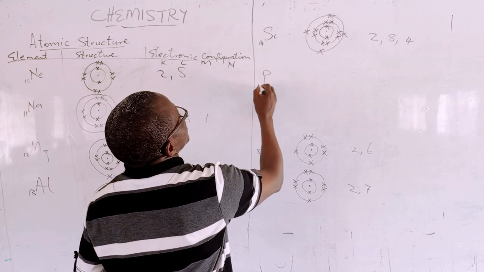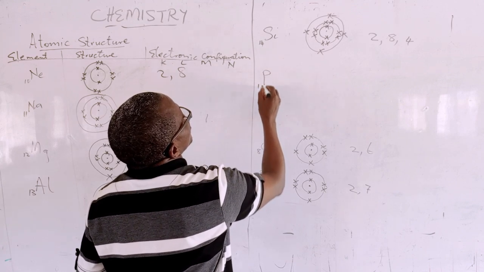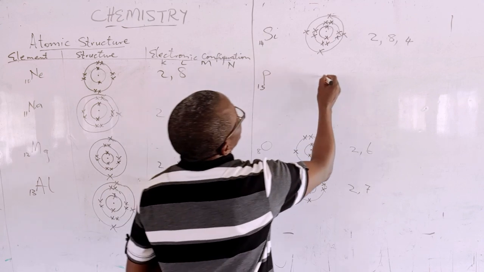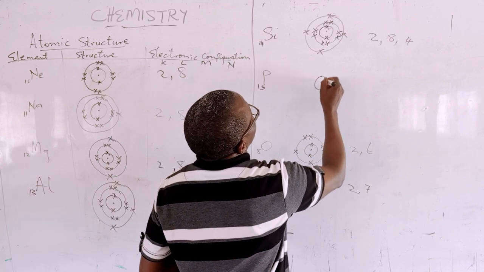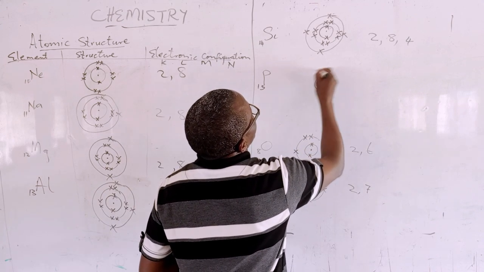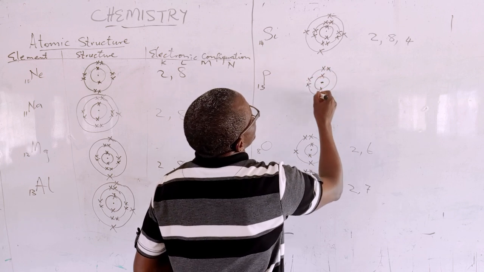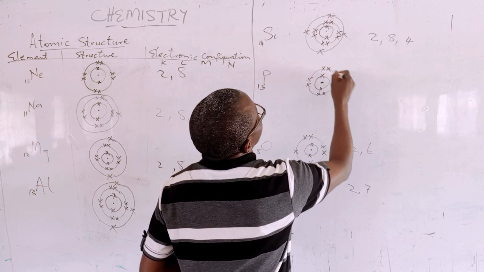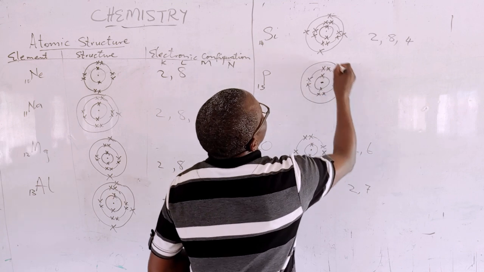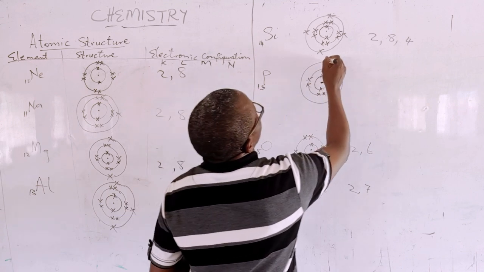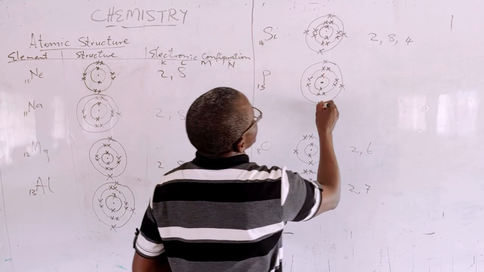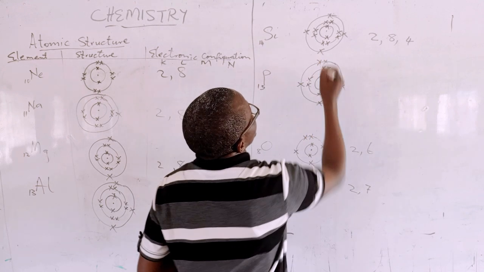Phosphorus is the next, atomic number 15. First shell, 1, 2. Second shell, 1, 2, 3, 4, 5, 6, 7, 8. That's 10. 5 remaining. 1, 2, 3, 4, 5.